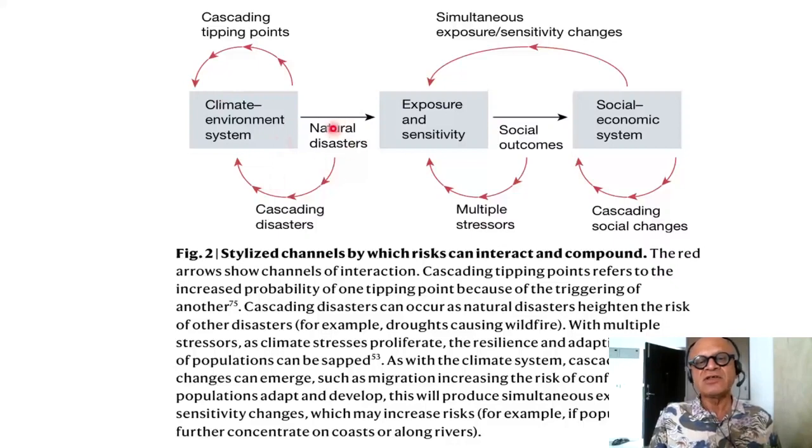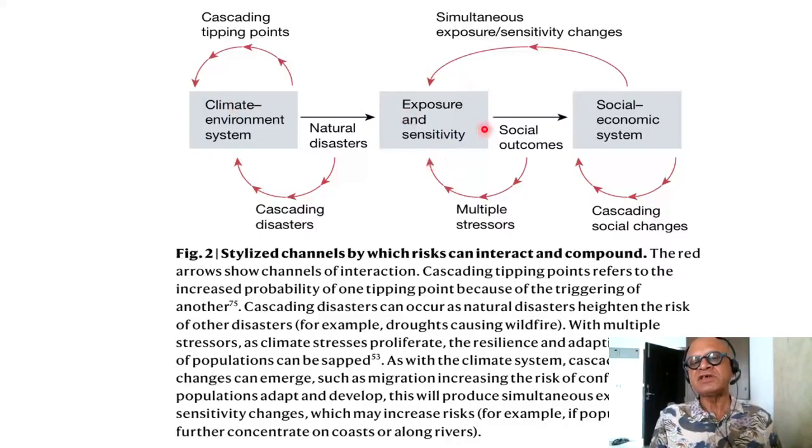And then they create natural disasters which will act on top of exposure and sensitivity, but natural disasters themselves can have cascading disasters, what are called compound events, so droughts and wildfires combining with each other to provide disastrous health outcomes, or food security and water security issues, and those affecting the climate and environmental system.